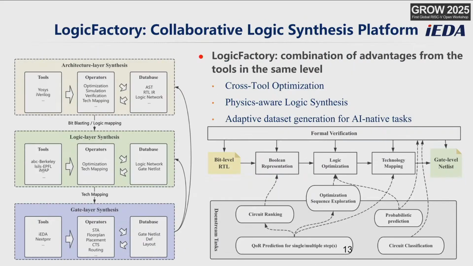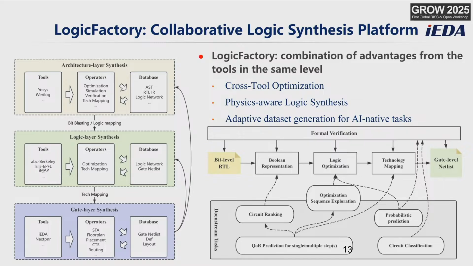Logic Factory is a cross-tool logic synthesis platform, and it can combine the advantages of the tools at the same level. It focuses on logic optimization and technology mapping currently.